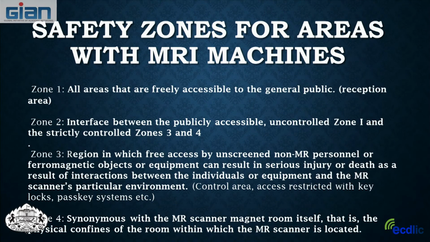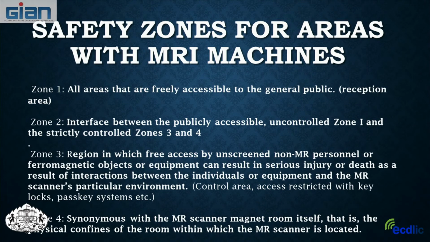Zone 3 is the region in which free access by unscreened and non-MR personnel or ferromagnetic objects or equipment can result in injury. So this is a controlled area. People have to be screened before they enter this zone 3 area. And this is typically where the control room is put, so that our equipment that we run to keep these machines going and run our experiments is there.